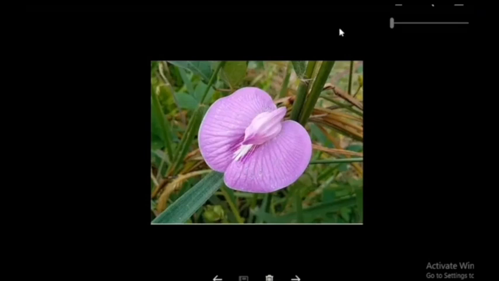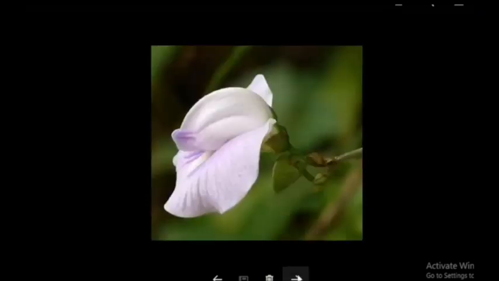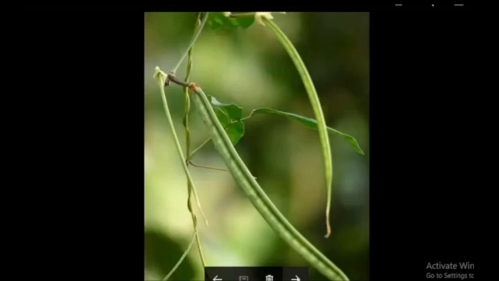Let us look at some other pictures of it. This is how the pod looks. Inside this pod, when it is dried and split, you find that it has numerous seeds inside, seeds that could amount to about 20.